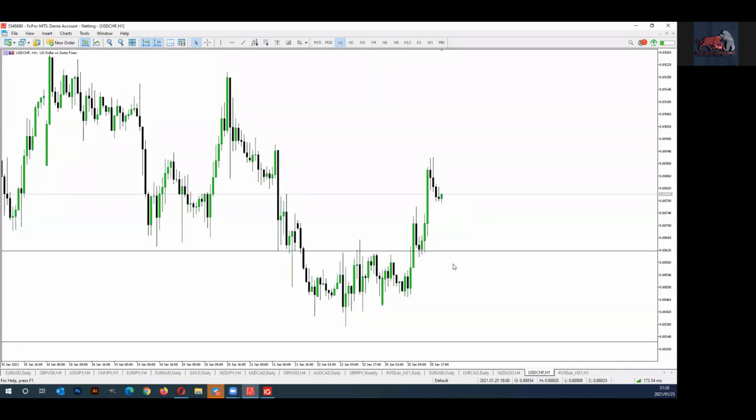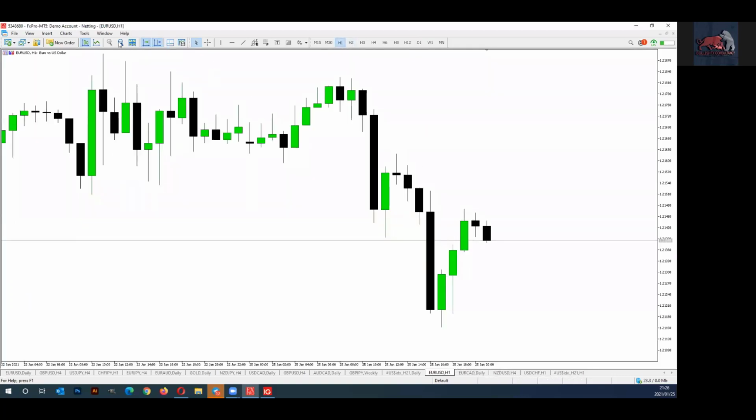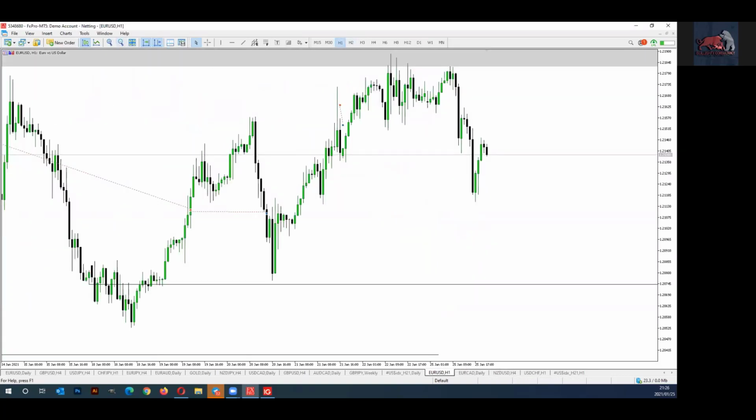It's the same exact price action like dollar index, but it's USD CHF. When price closed the imbalance on dollar index, you'd have been long on what? On Euro USD. Been long here. You see?